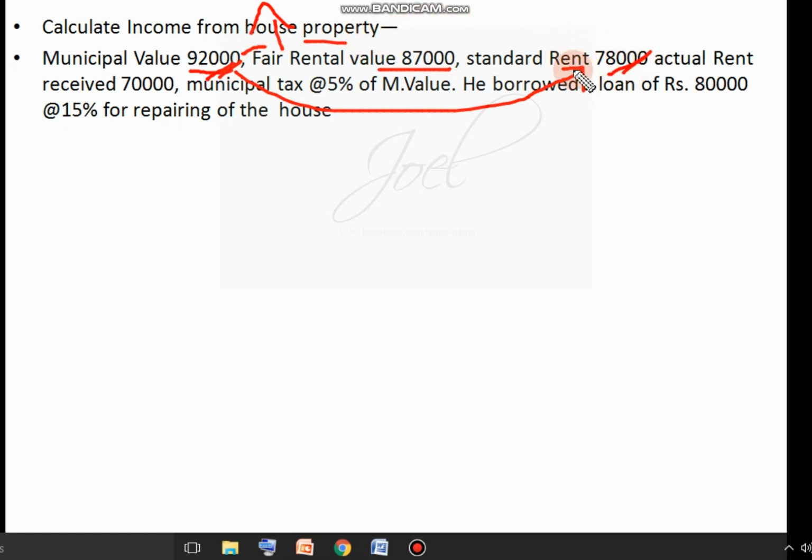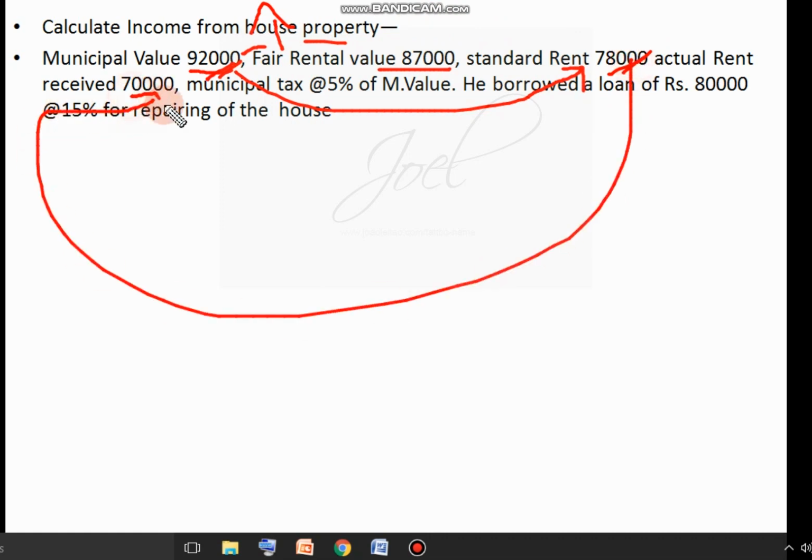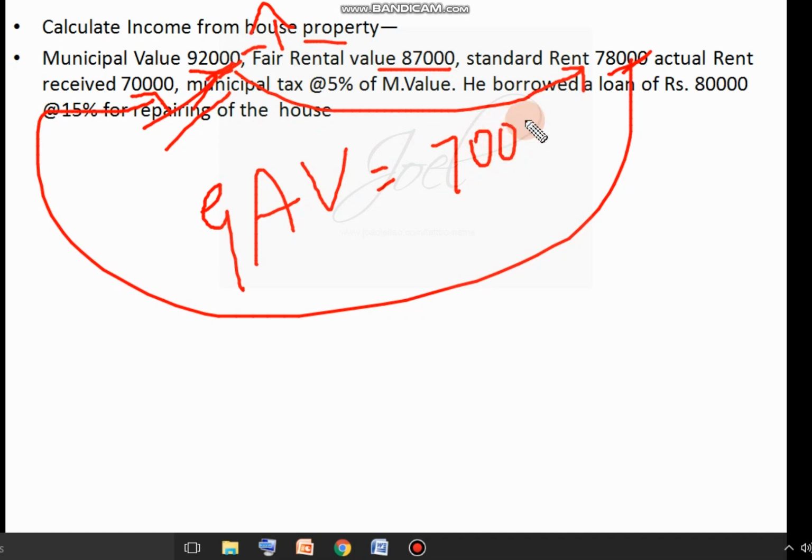Lowest amount is 78,000. That amount and one more amount, rent received, we have to compare. Out of these two, the highest amount we have to consider. So my gross annual value for this problem will be 70,000.